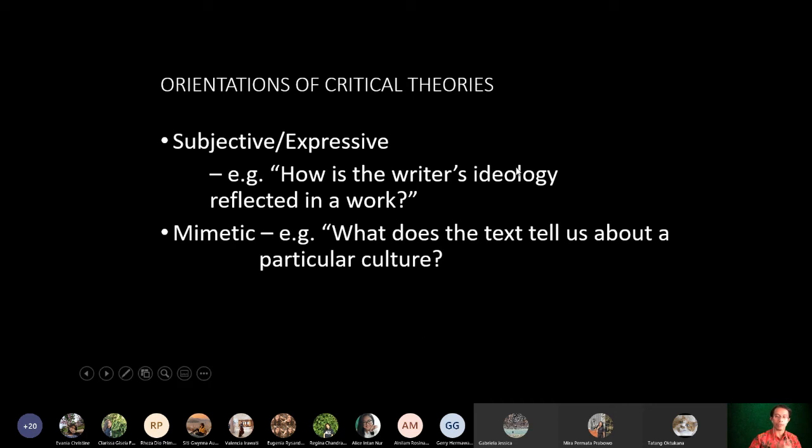So how is the writer's ideology reflected in the work? That is one question you can pose. And somebody used a question similar to this last week when I asked you to make a question about the aged mother. And in mimetic theories, you can pose questions like, what does the text tell us about a particular culture?